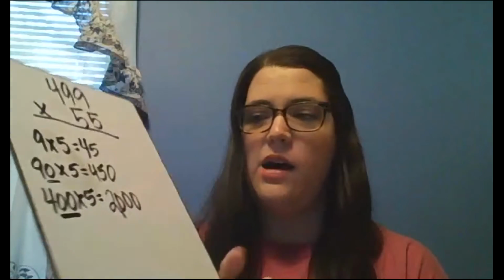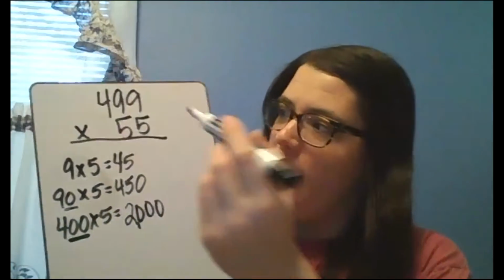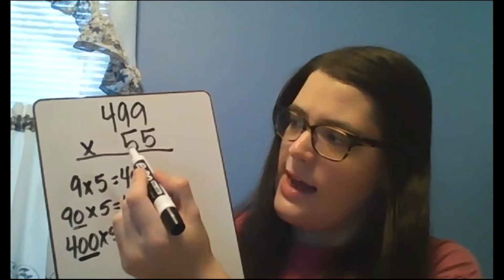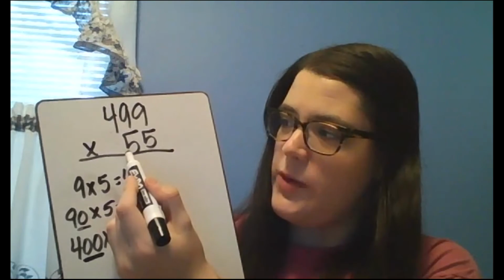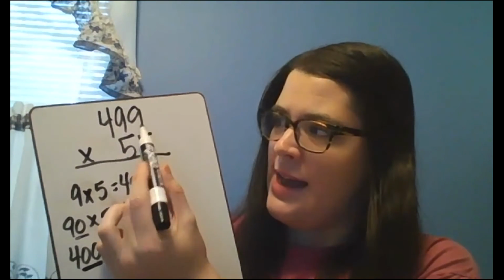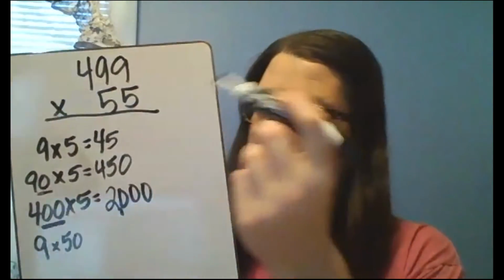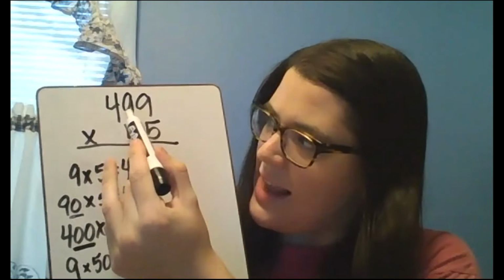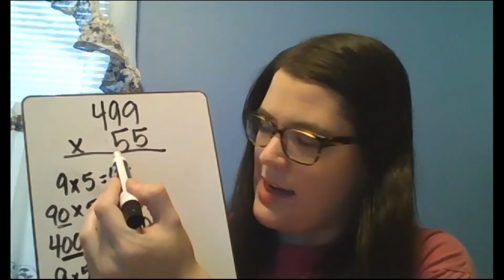Now we're going to go back to our ones place, and we're going to do 9 times, this 5 is in the tens place, so that's a 50. So 9 times 50. Add that to our list. Now we're going to go to the tens place. So this is 90, and we're going to do 90 times 50.